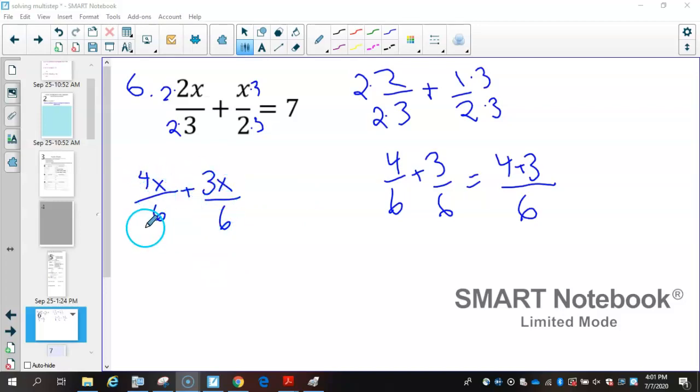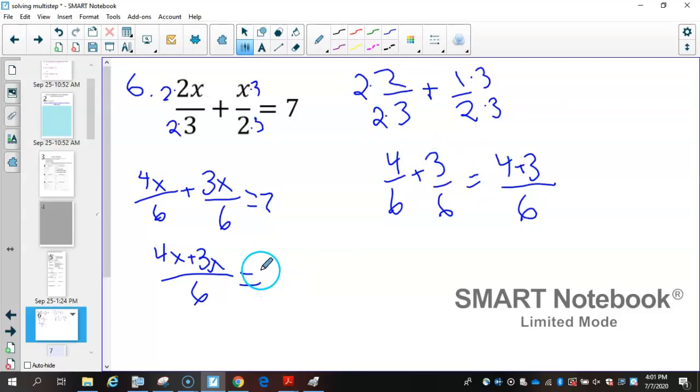Here, now that these both have the same denominator, I can combine these just like I did here. 4x plus 3x all over 6. And I just realized I've been forgetting my 7. So let me go back and bring my 7 down. I wasn't doing that for this one because I was just showing an example.